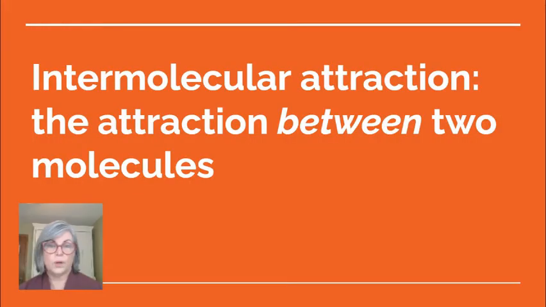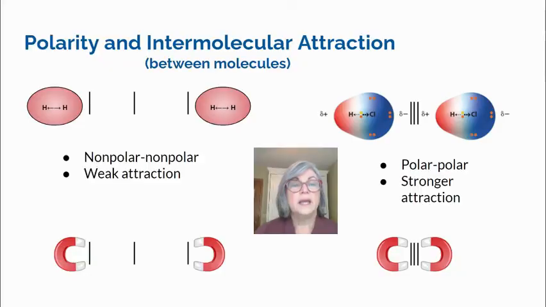All right, one more quick point, and that is that these molecules that have or don't have polarity affects the way that they interact with each other. And so intermolecular attraction is the attraction between two molecules. And if we have two molecules that are not polar, there's nothing between them that will attract.